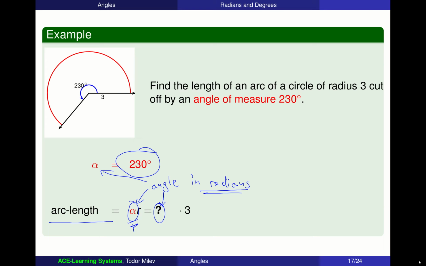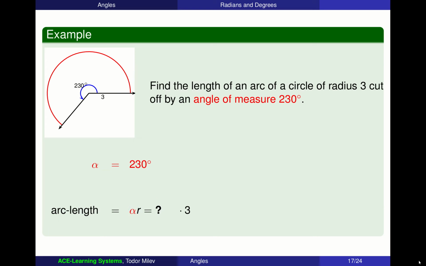So what do we do? If alpha equals 230 degrees, you multiply by pi and divide by 180 degrees, and you're going to convert to radians.